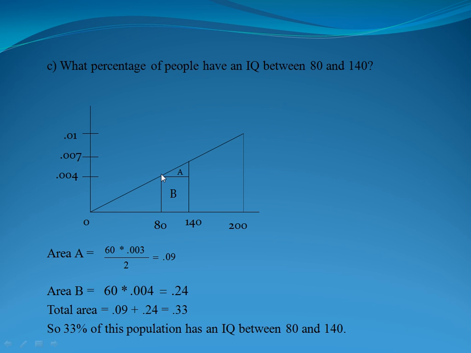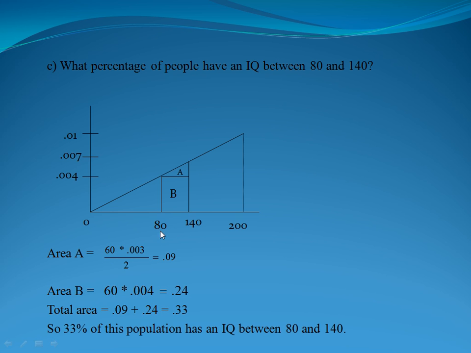Now, this shape we want to divide up into things we know. So we draw the line across so that we have a rectangle and a triangle. Those are two things we know how to calculate. We need to find the area of A and the area of B to get the total area between 80 and 140. Let's start with area A. For area A, again, we're going to do 1/2 base times height because it's a triangle.